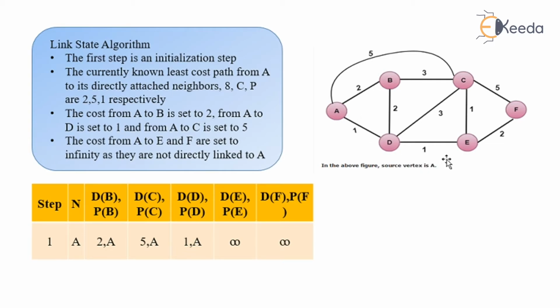From A to E, there is no direct connection, that is why we mention infinity here. Also, from A to F, there is no direct connection, so we mention infinity.